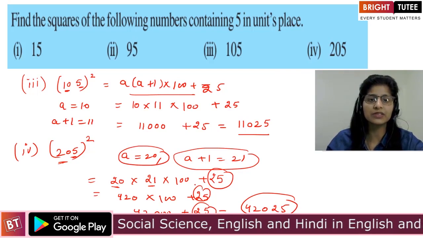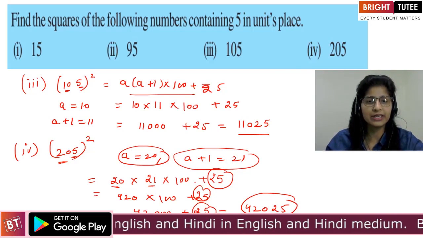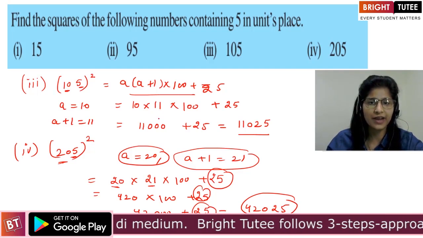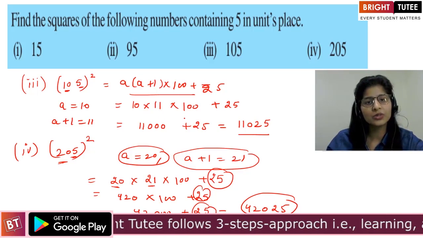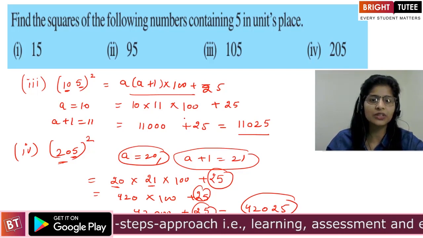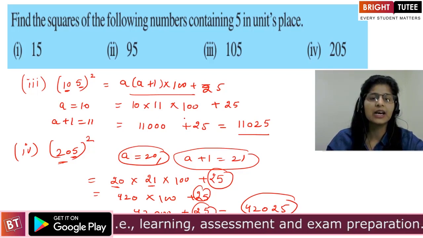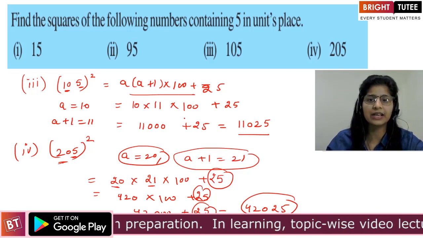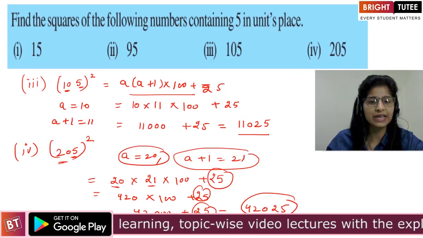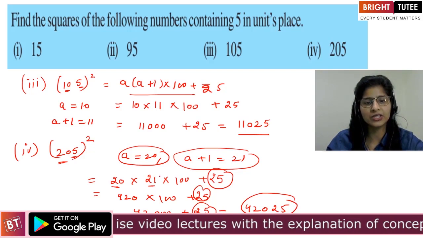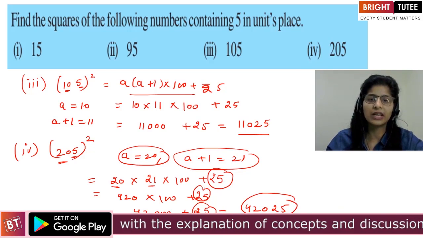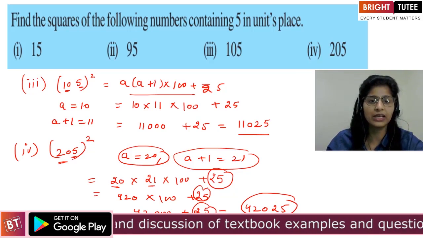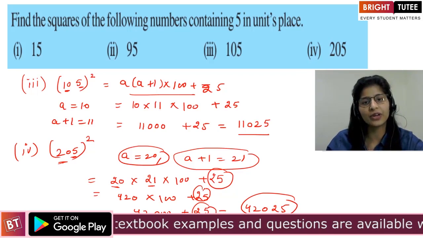I hope this gives you a clear idea. Any number that is ending with the digit 5, we can use this formula to find its square. So this is also one of the patterns that was observed, and it is really helpful in solving the questions. It is minimizing our calculation. The complex calculations are now gone and we are just doing simple calculations. We can do it orally only. We don't have to do it manually on paper. It will be easy for us to do.